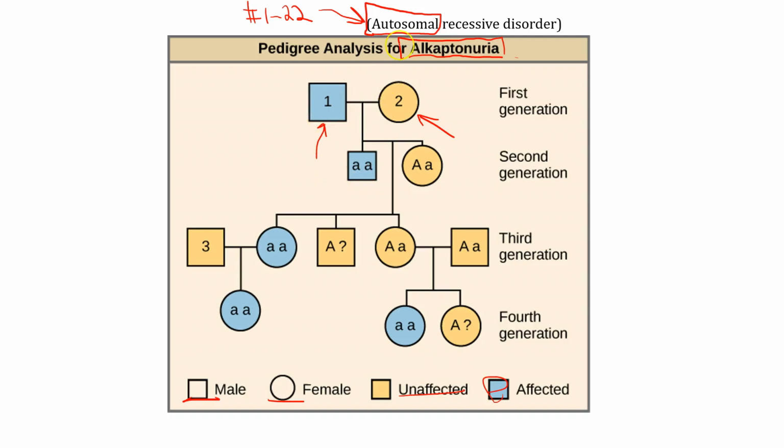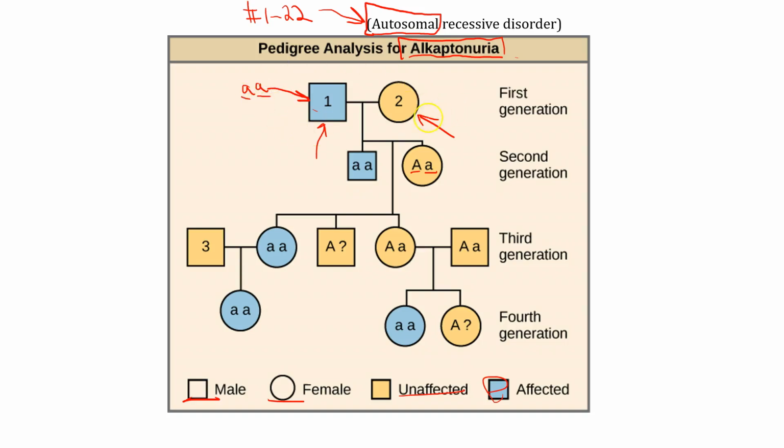We know that in an autosomal recessive disorder, the person must have both the recessive alleles. In this scenario, the dominant and recessive alleles are expressed as capital A and little a for alkaptonuria. So if we have a recessive disorder, this individual must have two copies of the recessive allele.